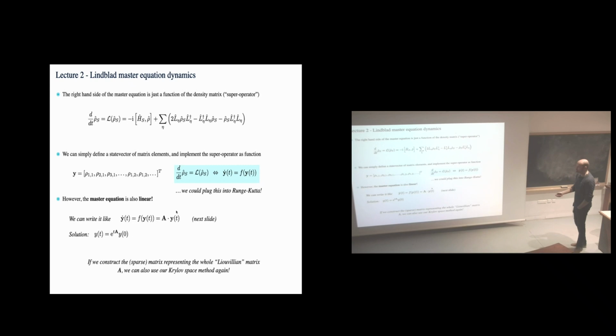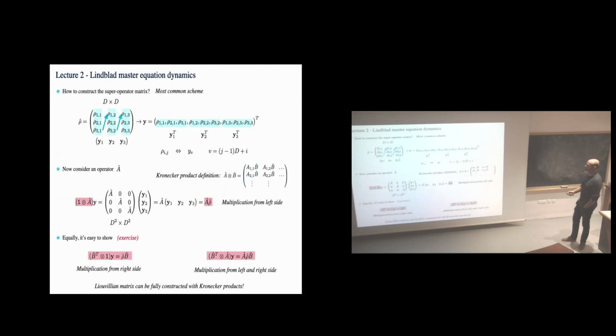Which means, just like for the Hamiltonian evolution, I can evolve this by building the matrix exponential of this matrix. So we can use our Krylov space methods again. Maybe you're not convinced that this is linear, but I think the best way to show it is to explicitly construct it.